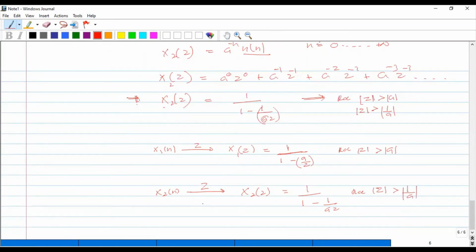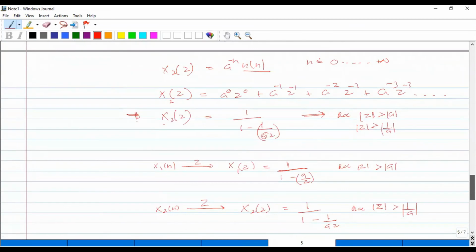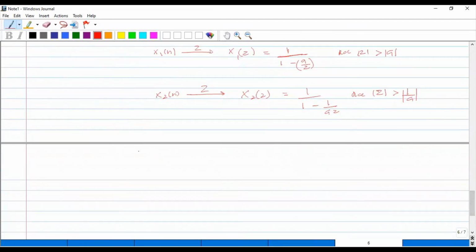So we have these two signals, and what we have to find is x[n] equal to x1[n] plus x2[n], each weighted by 1.